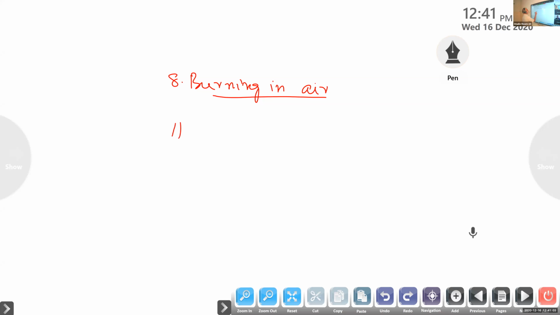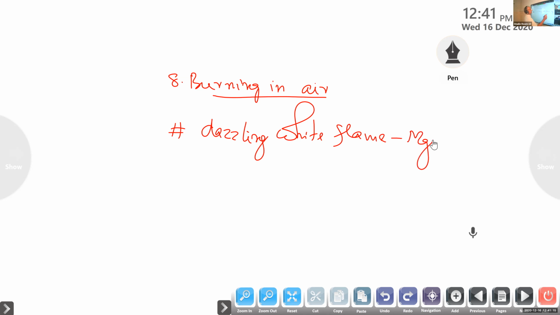So magnesium burns in air with a dazzling white flame with the formation of a mixture of magnesium oxide and magnesium nitride.